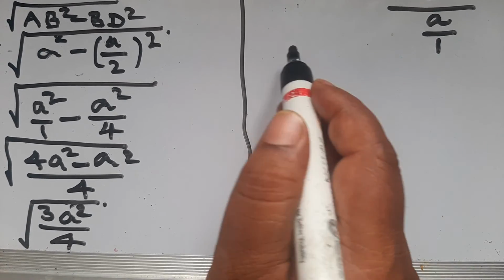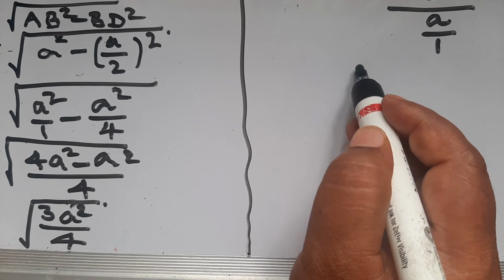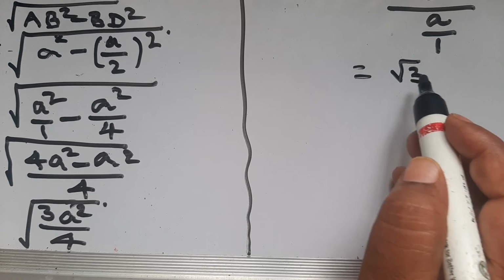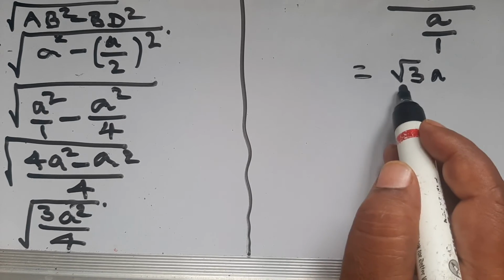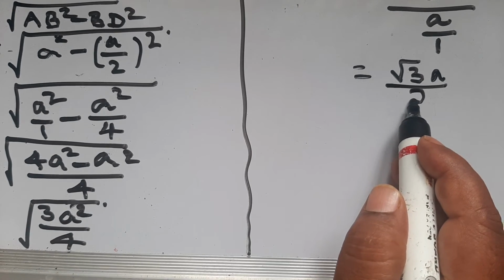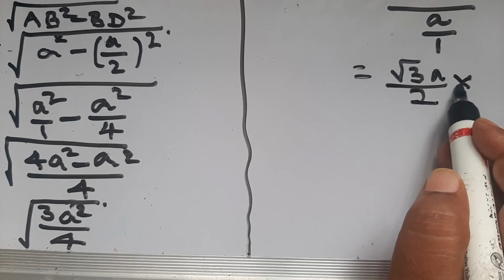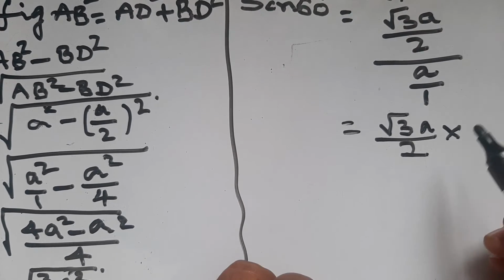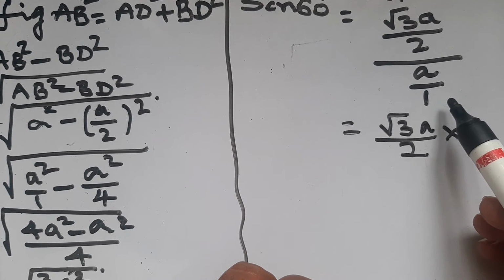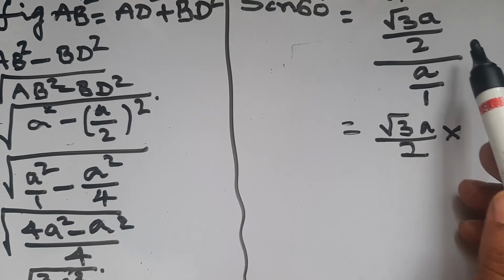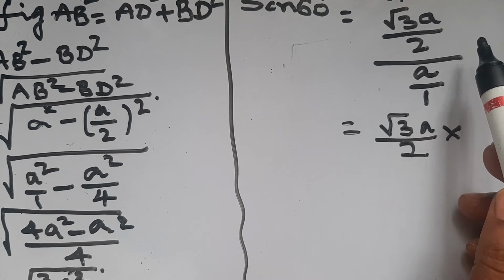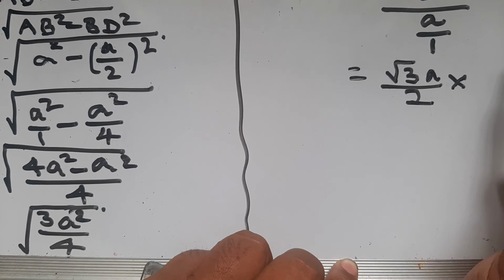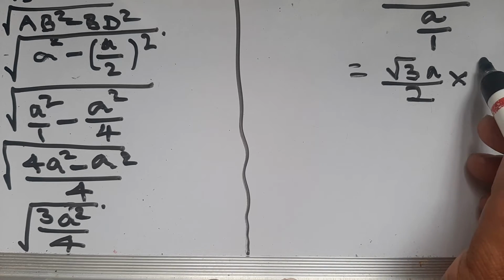Yes, sin 60 degrees is equals to root 3a by 2 as it is, into the denominator a by 1, it moves to the numerator and becomes 1 by a. So, that is why we can write 1 by a.